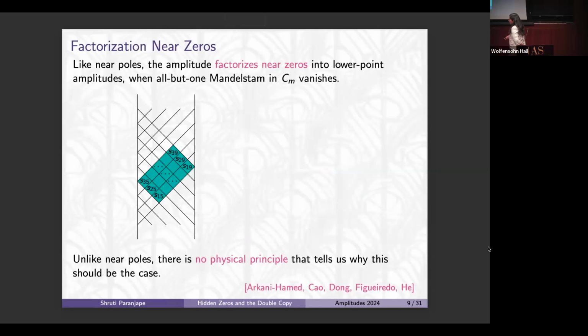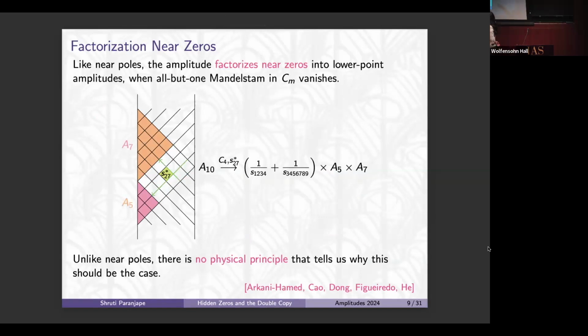And in addition to there actually being zeros, the amplitudes in these theories have an interesting property, which is that they split or they factorize near these zeros. So if I chose one of the Mandelstams to not send to 0, so let's say I choose this one in the middle as non-zero and send the rest to 0, then my kinematics splits in the following way, where I get this side of a kinematic mesh times that side of a kinematic mesh, and my amplitude then looks like a subamplitude, another subamplitude, and then this prefactor over here.